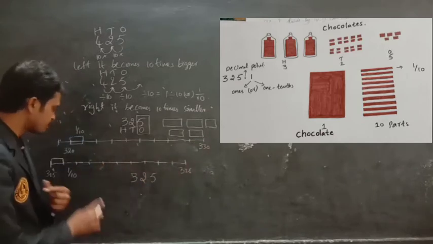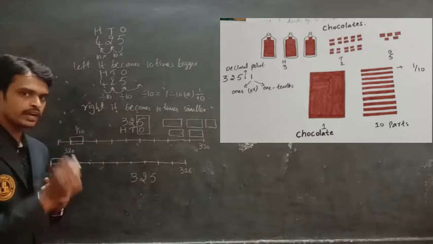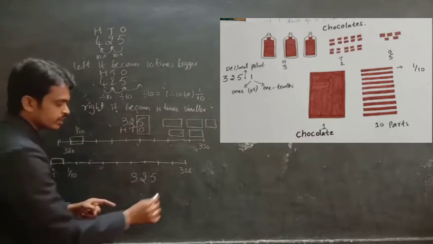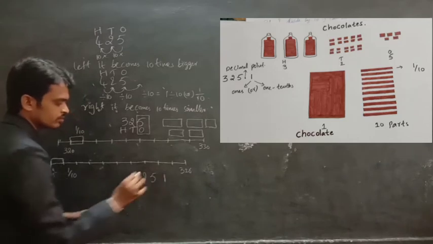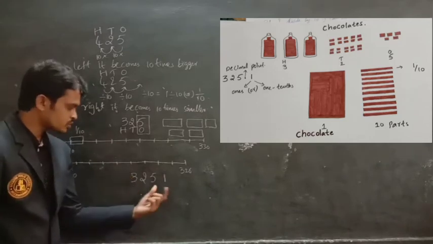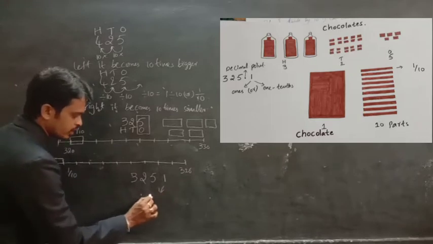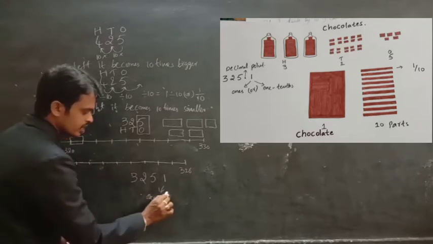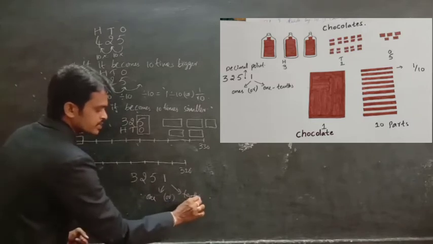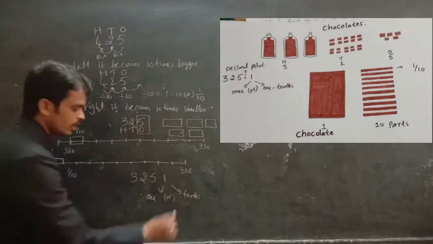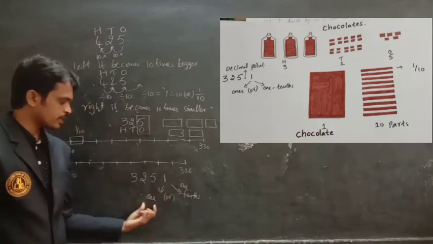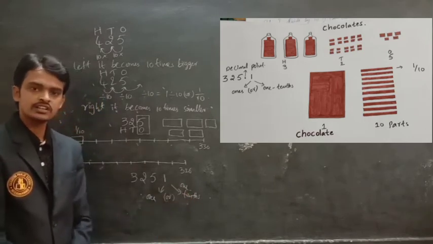Then one part is represented as the same 1 by 10. Then after 325, if I write 1, is it the correct way? Is this 1 in the one's place or the 1/10th place?